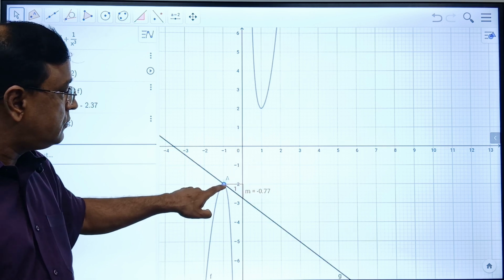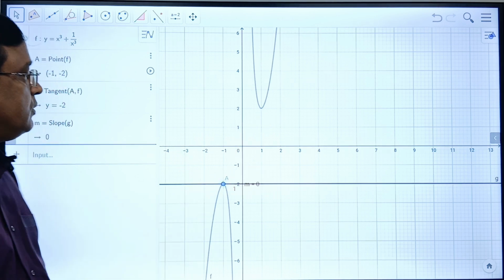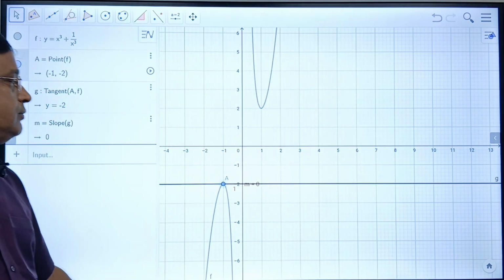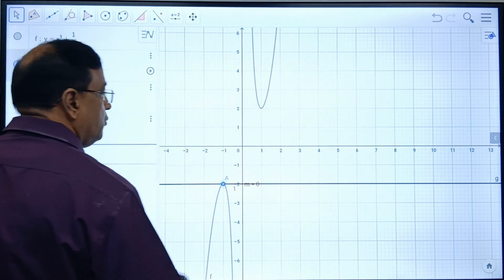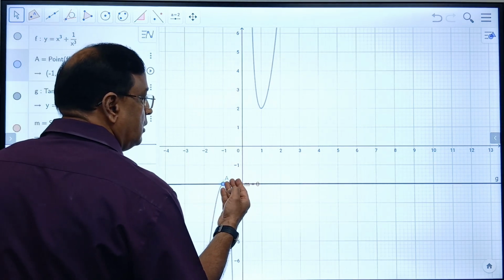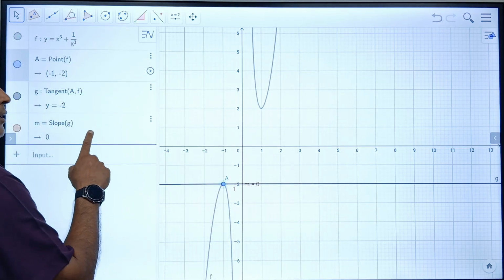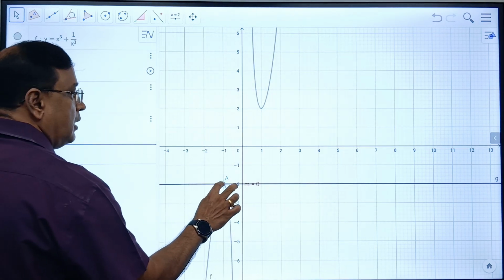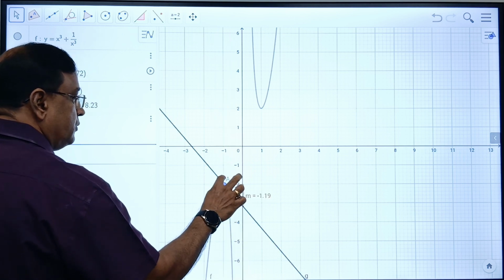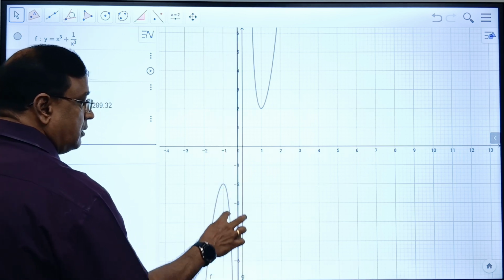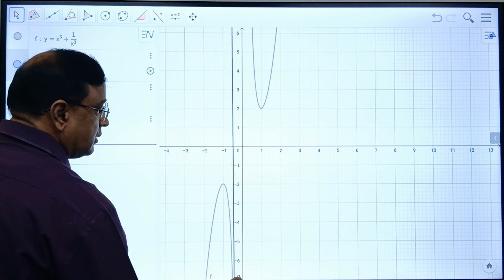So when it reaches minus 1, slope is 0. So from minus infinity to minus 1, the function is increasing. And then from minus 1 to 0, it is decreasing.